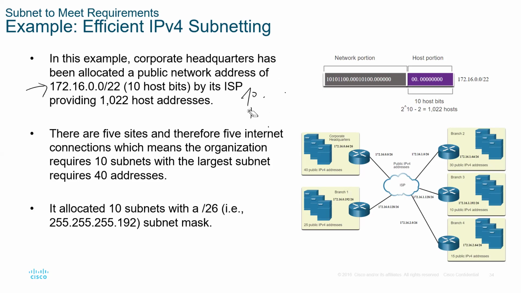So once you see 172 and they're saying public, probably there's an error somewhere. But let's assume this is public, right? But it's the ISP providing 1,000 host addresses. Okay. There are 5 sites and therefore 5 internet connections, which means the organization requires 10 subnets, with the largest subnet requiring 40 addresses. It is allocated 10 subnets with a /26.